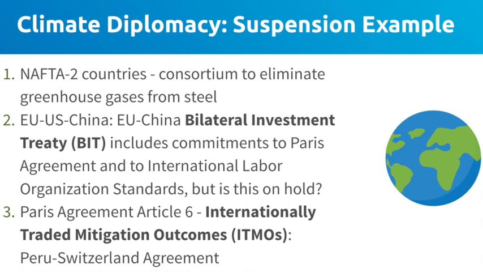We might decide to drop the border carbon adjustment for steel between those three countries, but to establish some sort of consortium designed to think about the greenhouse gas emissions from steel amongst those three countries, and then to figure out what other measures are needed to get to zero steel emissions just amongst those three countries. And then we might figure out amongst ourselves what other outreach we need to do to other countries to make sure that we're not shuffling emissions to third-party countries.